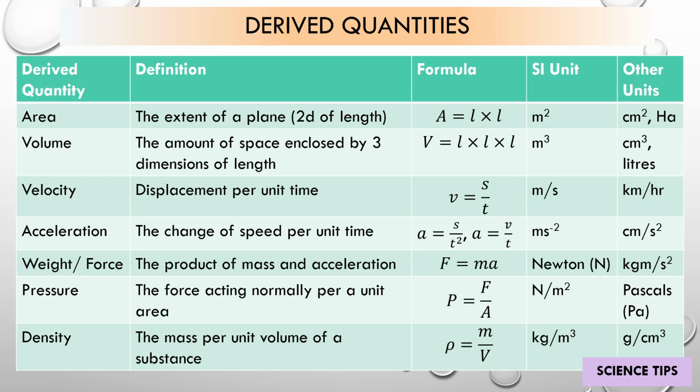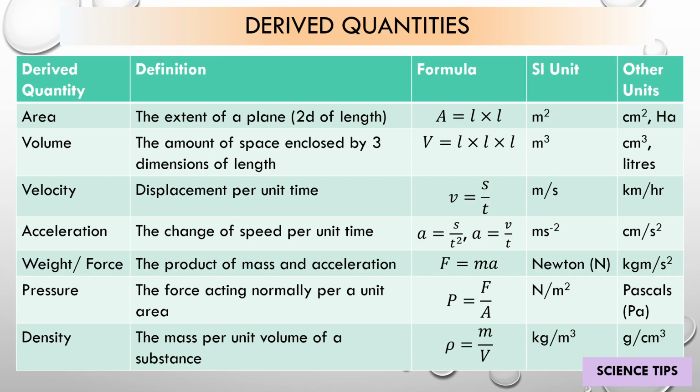So weight, when we say how heavy something is, is influenced by acceleration due to gravity, which is different for different scientific bodies like planets, sun, moon, earth, and all that. So if you weigh a certain weight on earth, when you go to the moon, your weight changes. When you go to a different planet, your weight will change, because it is influenced by acceleration due to gravity, g.